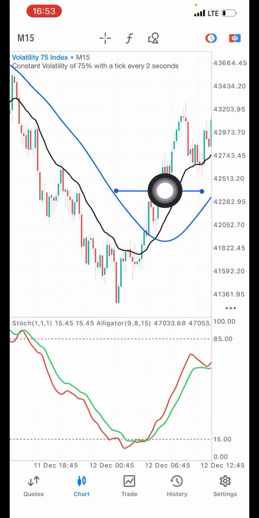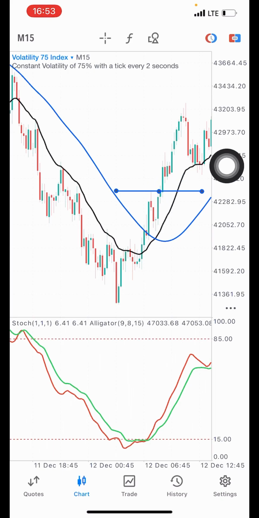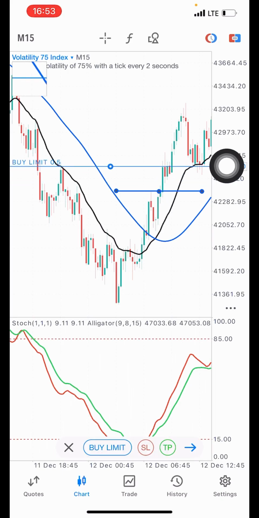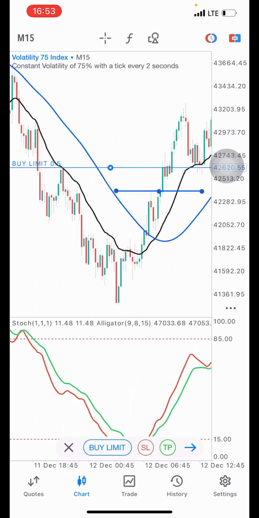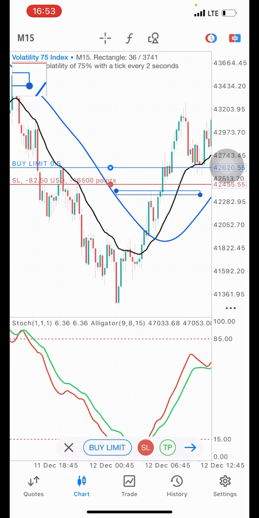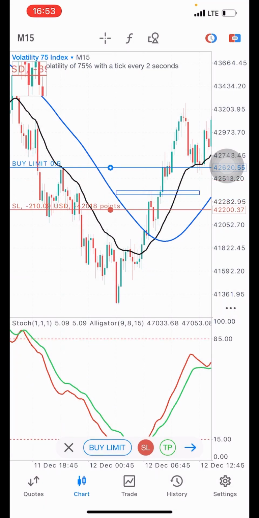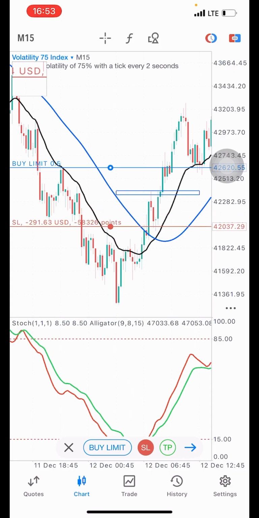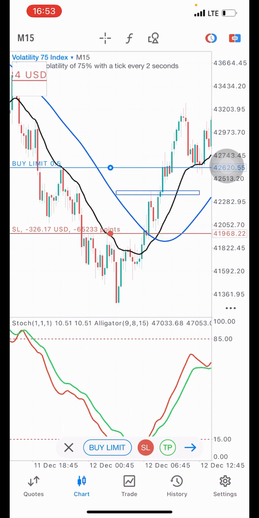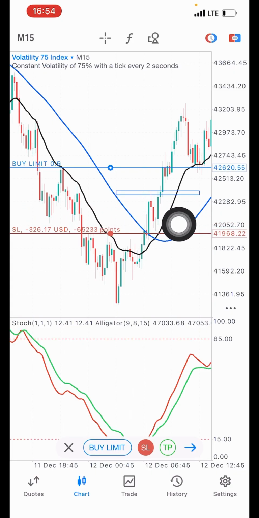The candlestick needs to close above that structure. You place your buy immediately you see the candlestick close, and your stop loss is below the most recent structure the market made, which is the structure of the candlestick that closed above it. That's where you place your stop loss.